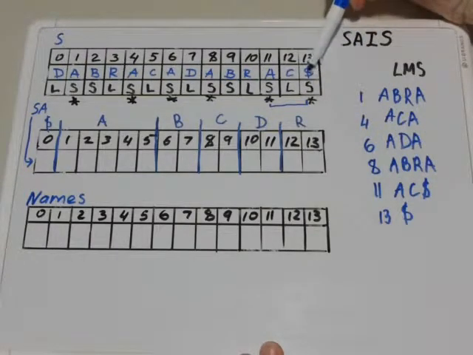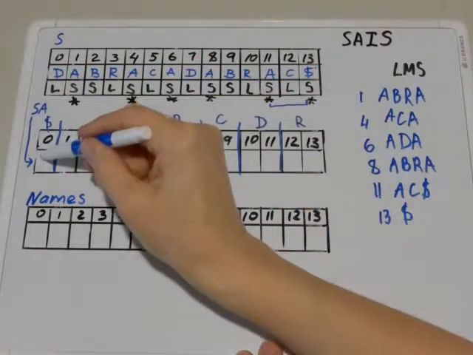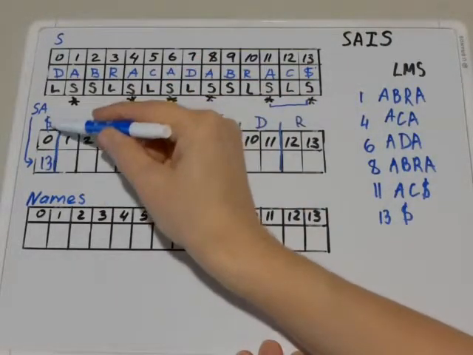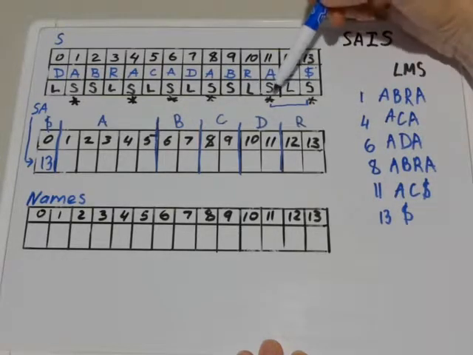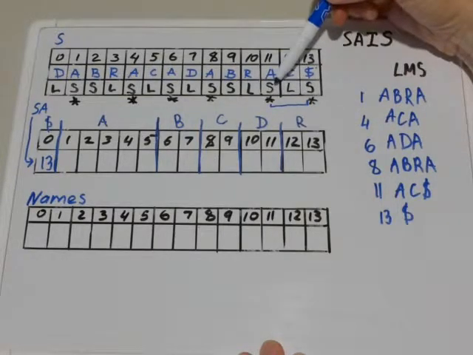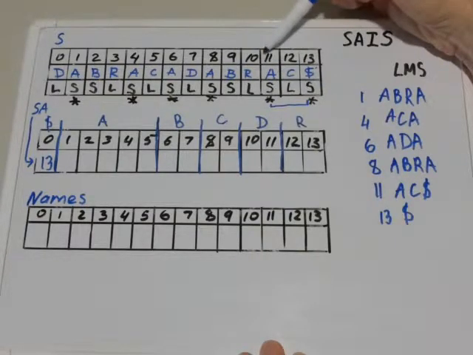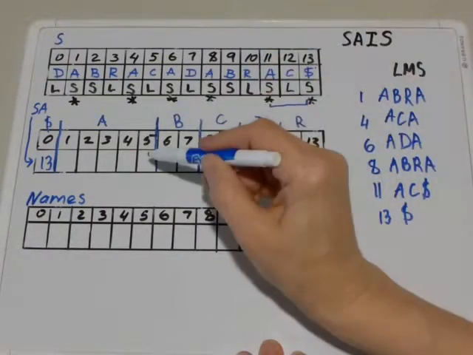LMS 13 goes to the $ bucket. Next is LMS type; look at what character it is in the S string. This character is A, position is 11. Position 11 goes at the end of the A bucket.